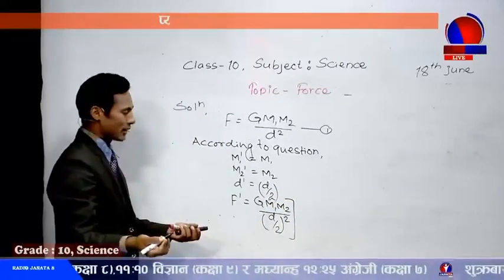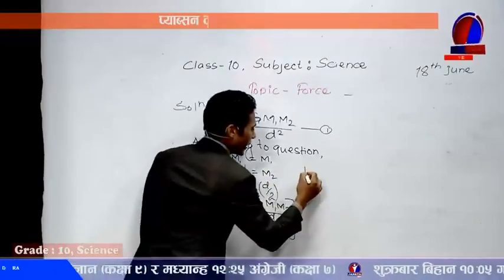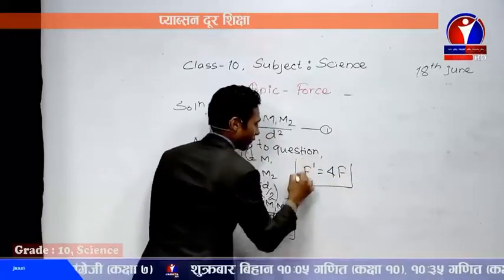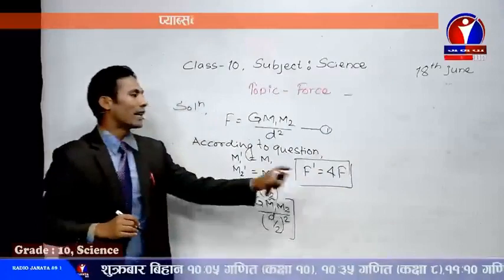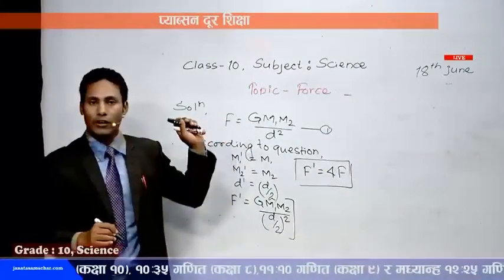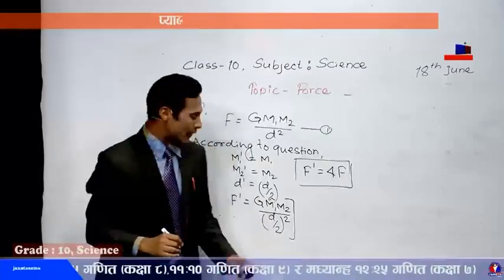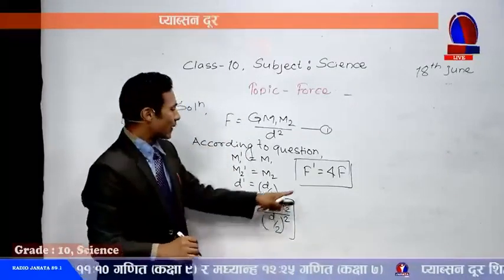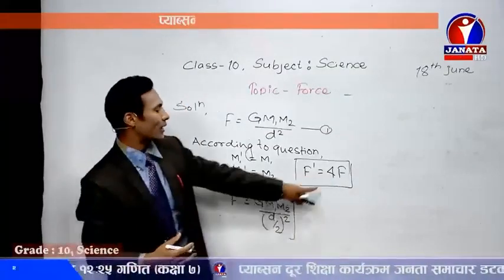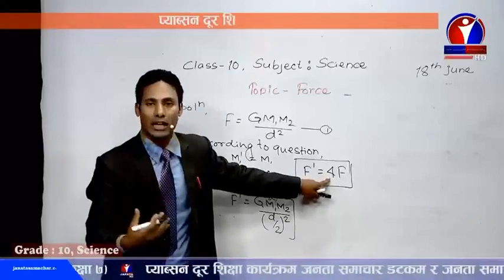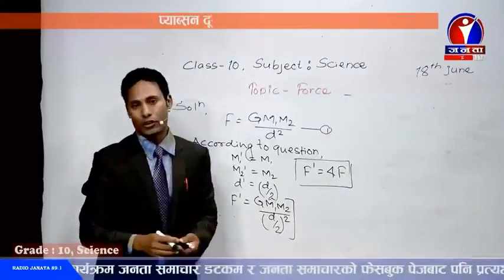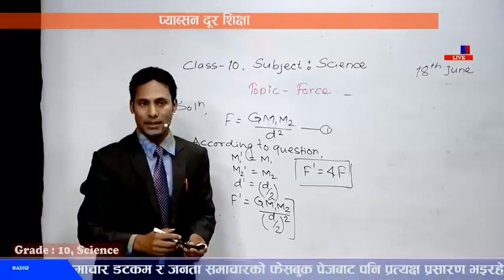In the next class we will discuss this also, and when you solve this you will get F dash equals 4 times F. That means when we decrease the distance by 2 times, the gravitational force increases by 4 times. So it is inversely proportional to the gravitational force exerted between the two masses.